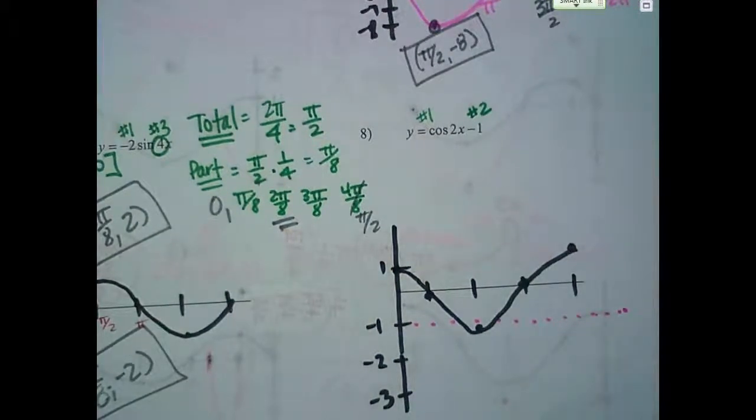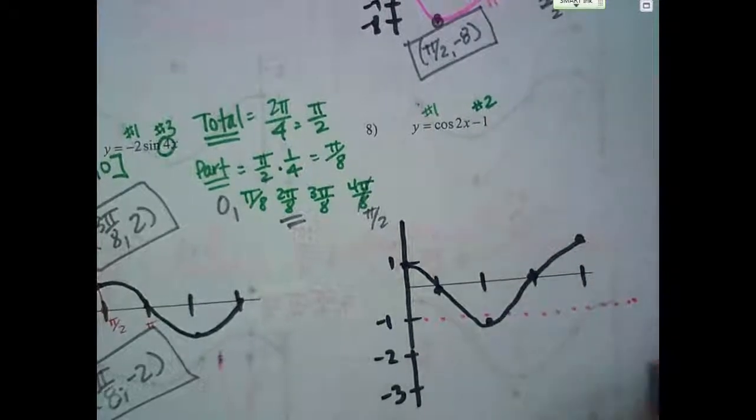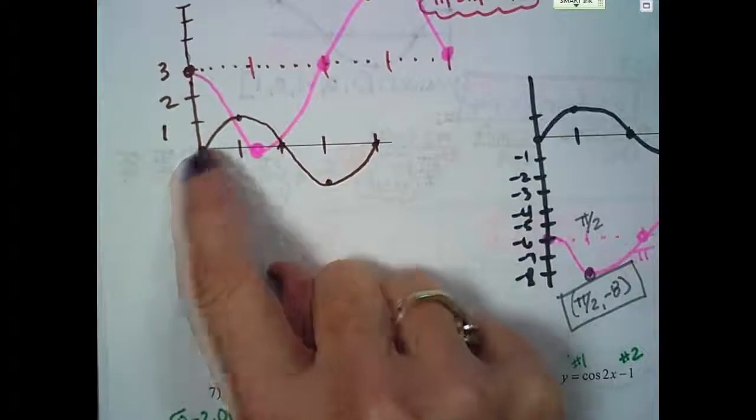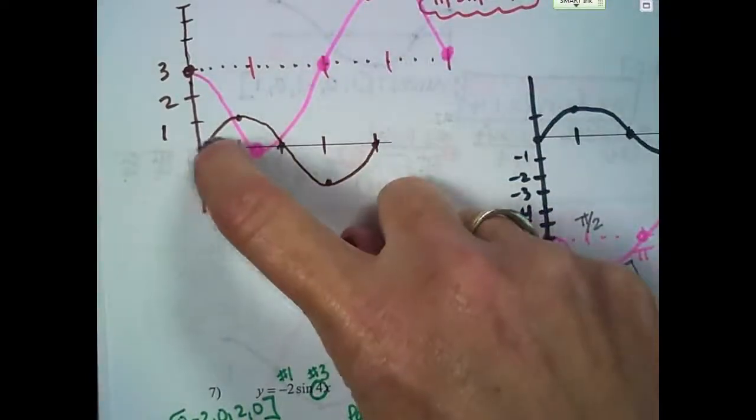You're not moving the starting point. You're moving the x-axis up and down. This number right here, you move the whole x-axis down 1. Okay, look here. Let's look at this picture. This is my original x-axis. This said +3. So now this is my x-axis.